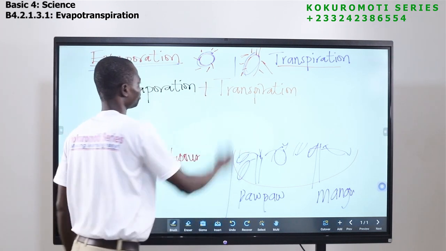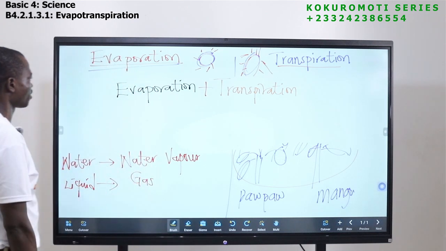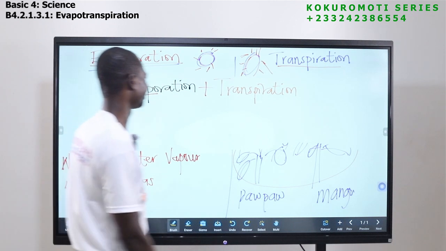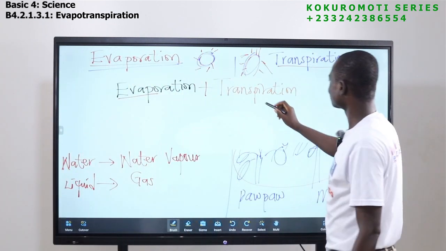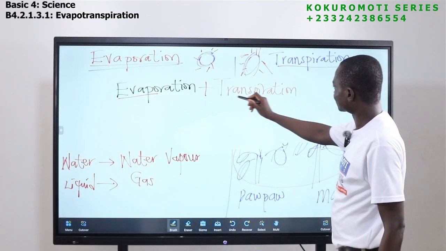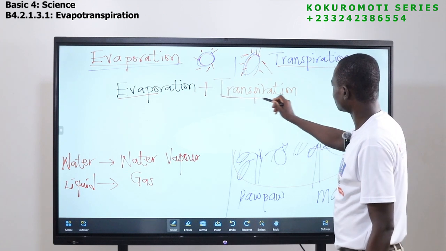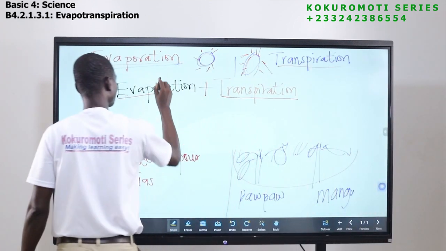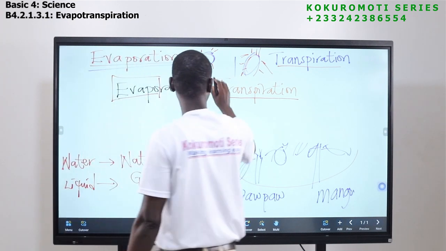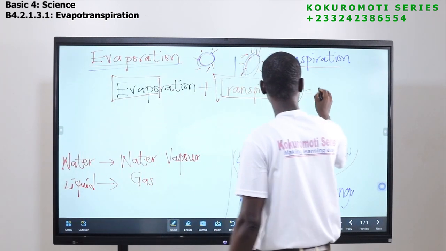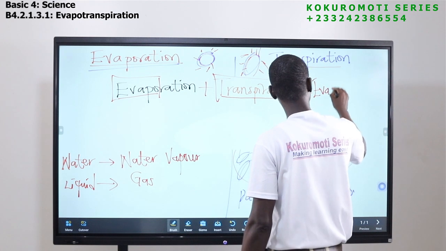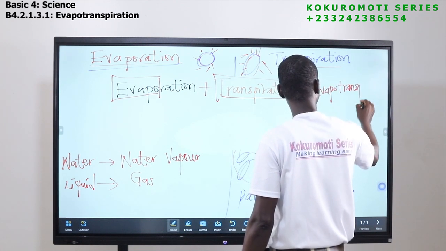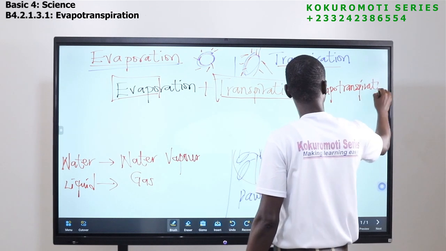If you add them, we have here evapo, and then we have transpiration. So evapo plus transpiration will give us evapotranspiration.